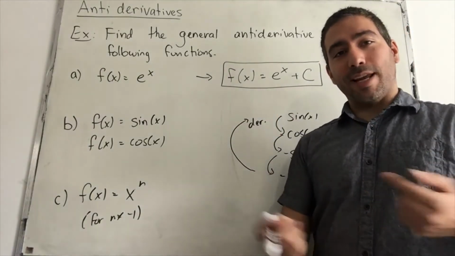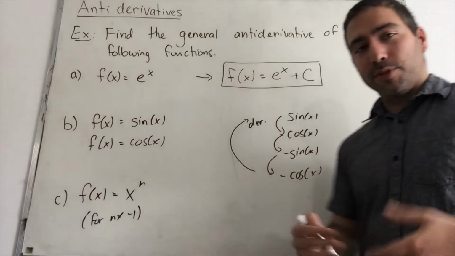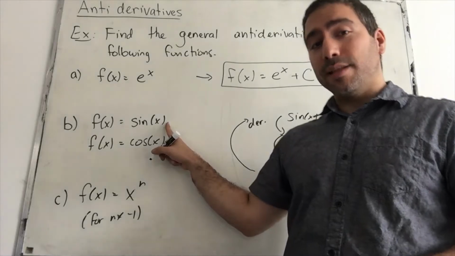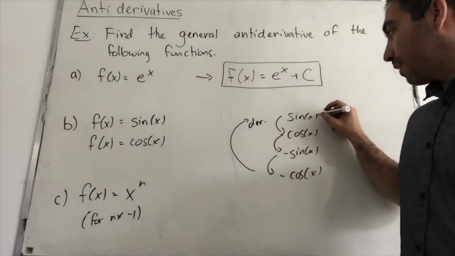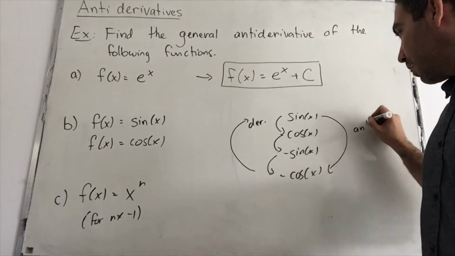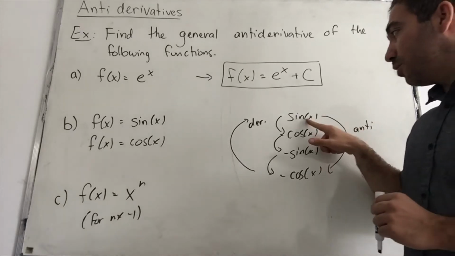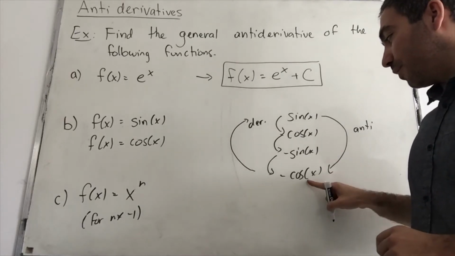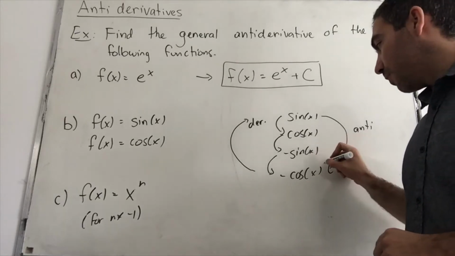Now what we're doing is we're taking the antiderivative. So we're using the same pattern, but just backwards. So now if we're asking what's the antiderivative of sine, well, instead of going downwards, now we're going upwards. So really we're going this way. Antiderivative. So the antiderivative of sine is actually negative cos. And the antiderivative of negative cos is negative sine, and so on and so forth.